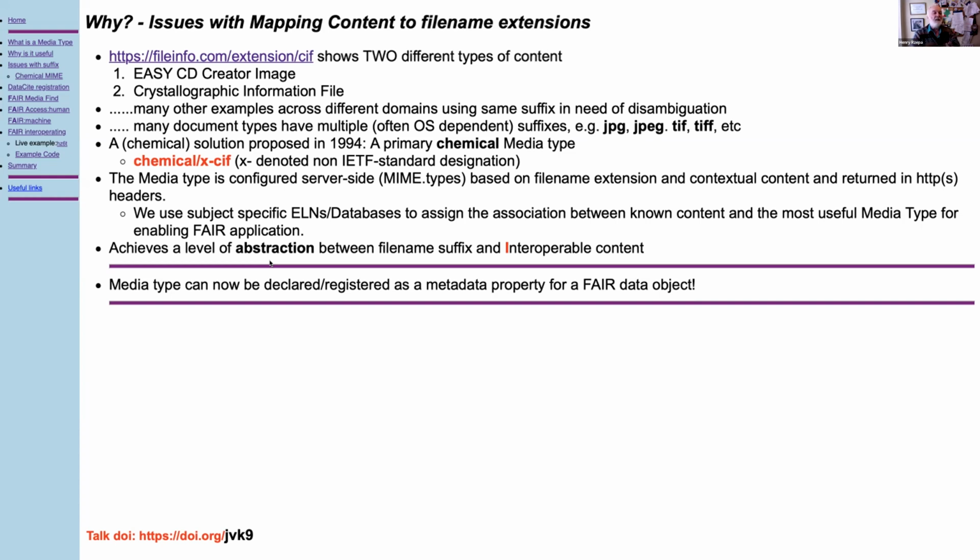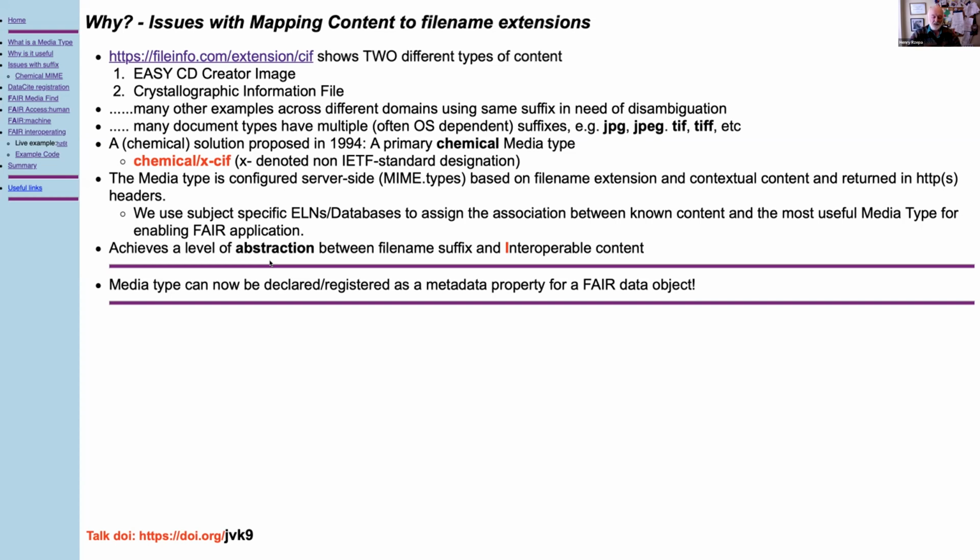Quite a bold proposal in those days, and a typical example proposed then was chemical/CIF. The IETF wouldn't let us use that because it was non-standard then, and so the non-standard was designated by the X. The media type's configured server-side based on the file name extension, but also based on the contextual content.